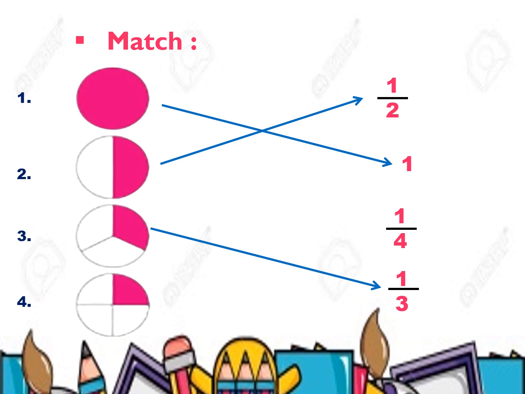The total parts is 4 and colored one part, so it will be 1 over 4. So how can I read this? 1 over 2, 1 half, 1 whole, 1 over 4 or 1/4 or quarter, 1 over 3 or 1/3.